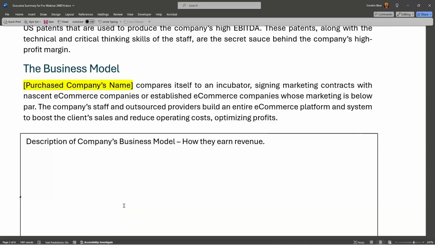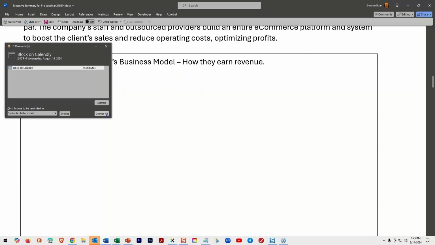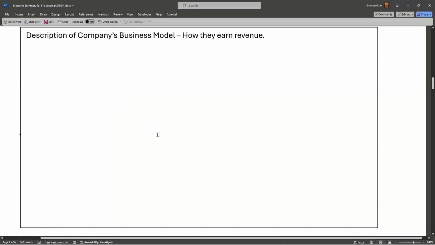The company's staff and outsourced providers provide an entire e-commerce platform and system to boost the client's sales and reduce operating costs, optimizing profits. Okay? Then we don't want to give you the secret sauce to how this company does this. So what went in here was a description of the company's business model, chapter and verse, how they earn their money and what their secret sauce is and what they do and how they do it.